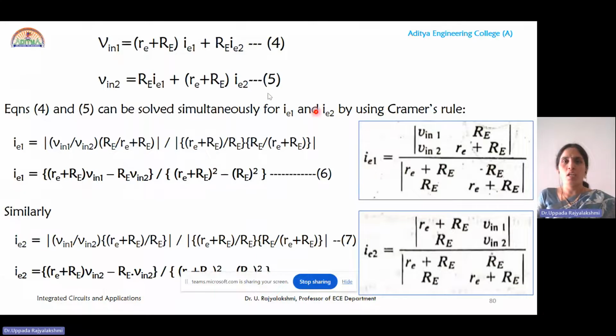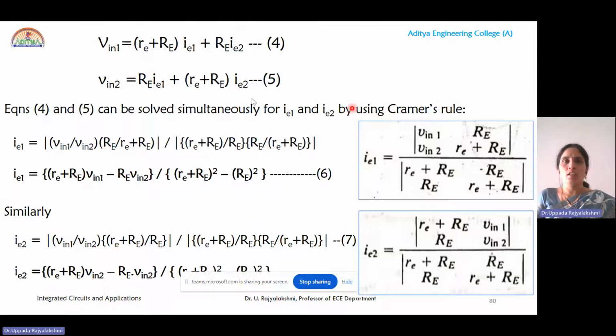From Cramer's rule, IE1 can be defined as a ratio consisting of a numerator with the overall constants of the expression, that is Vin1 and Vin2, followed by the second column elements, which will be the coefficients of IE2. For example, if you are calculating IE1, we have to consider the coefficients of IE2 in the numerator.